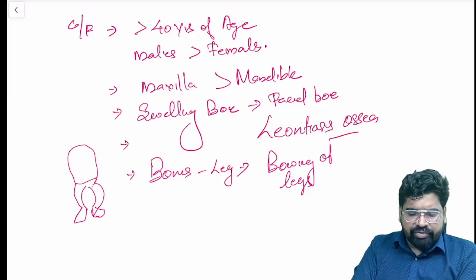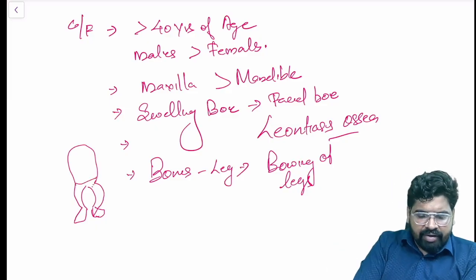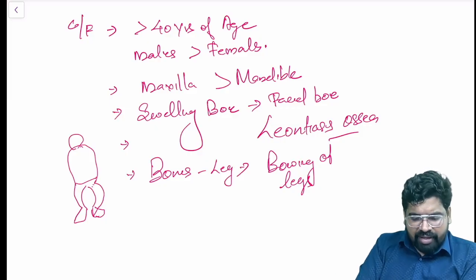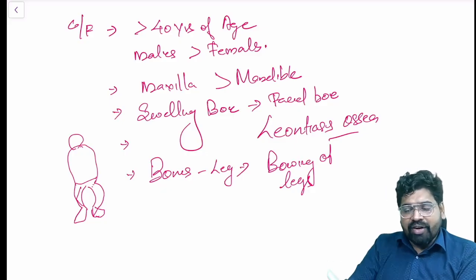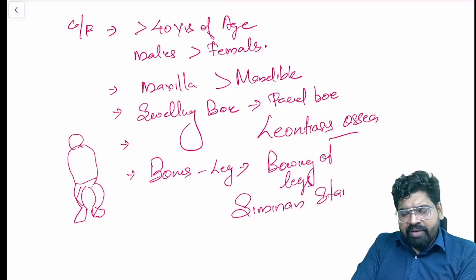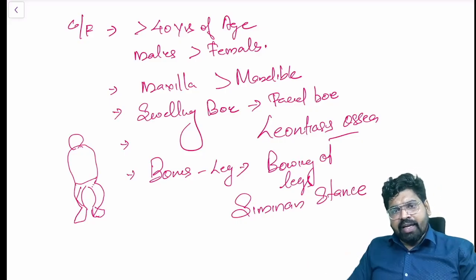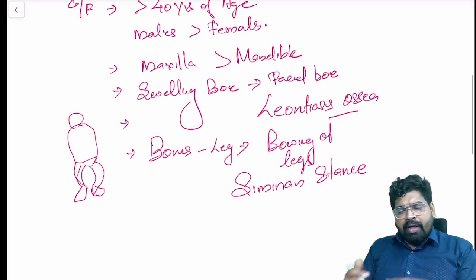Because of the bowing, it is called a simian stance. Simian means monkey, just like a monkey standing.